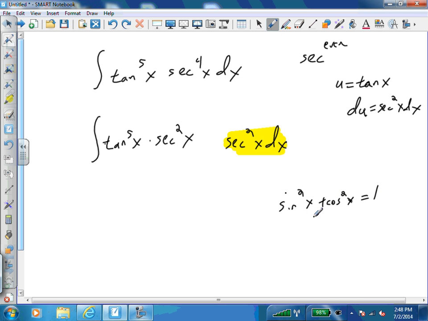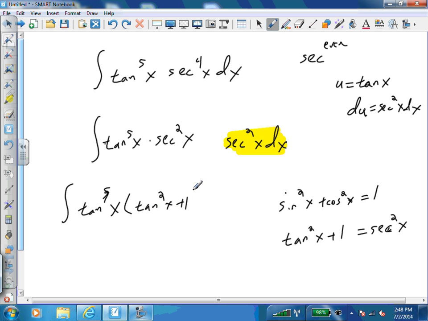But if we divide it through by cosine squared, we got tangent squared plus 1 was secant squared. So that was another one of our Pythagorean identities. So in place of secant squared, we're going to put tangent squared plus 1.